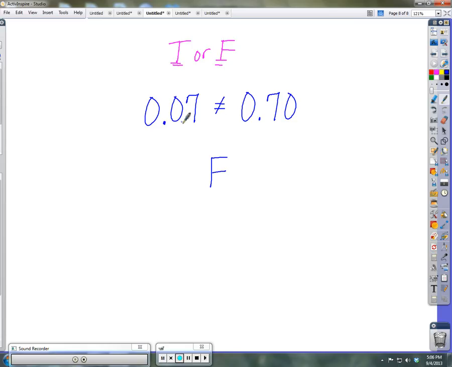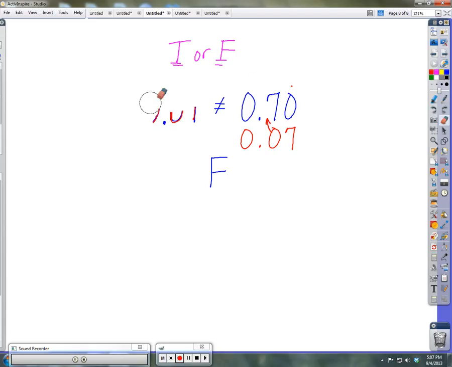If you look at the original number, 0.07, even though I did add a 0 to the end, I totally eliminated the 0 that was in between the decimal and the 7. Therefore, they are not equivalent to each other.